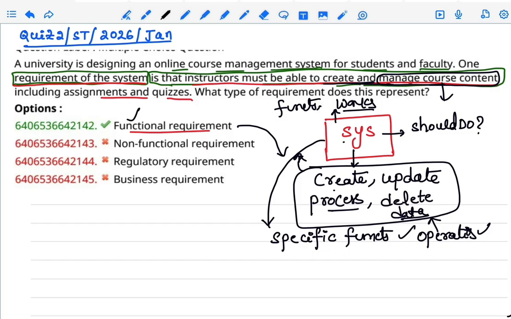Why are the others not correct? So for non-functional requirements, what comes under the non-functional requirements?